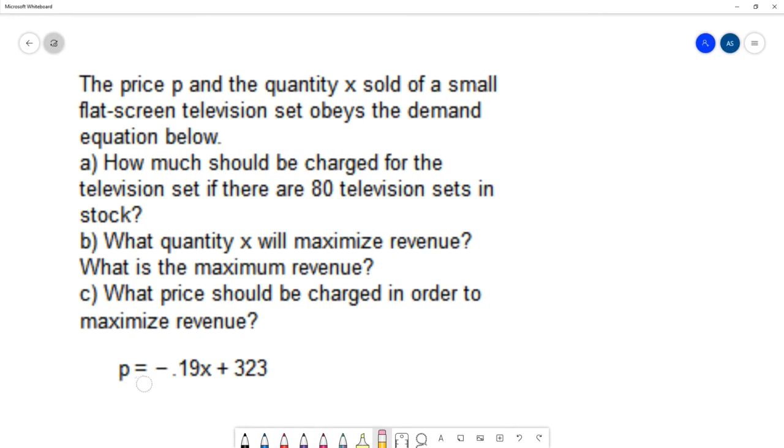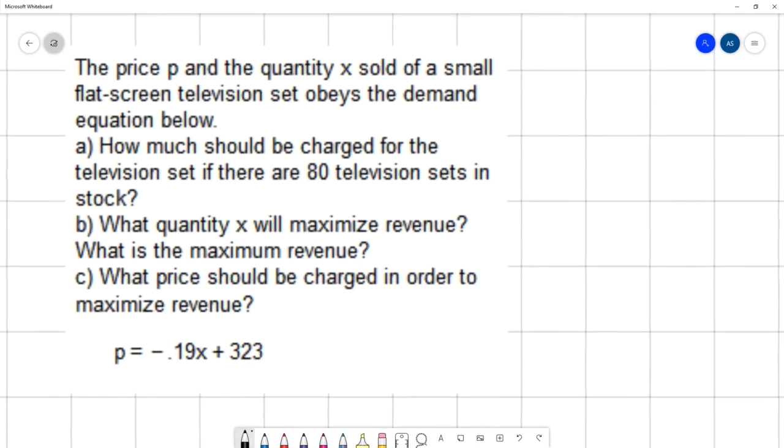We have P equals negative 0.19x plus 323. This right here is called the demand equation.